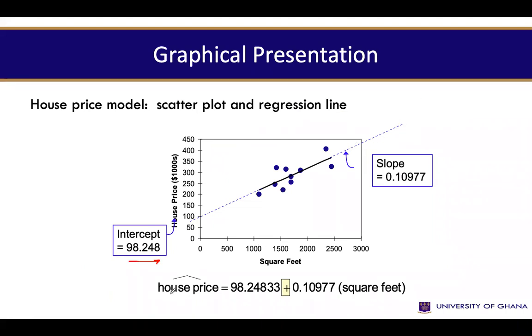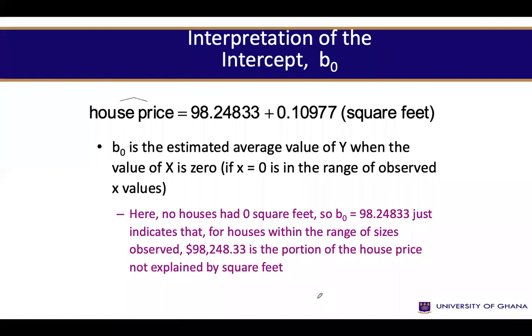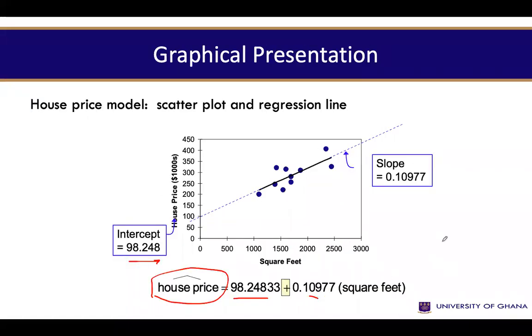So the predicted house price is what? It's 98 plus 0.1097 times size. Okay. Let's see how we are going to interpret the value of these. And I want you to follow me here.